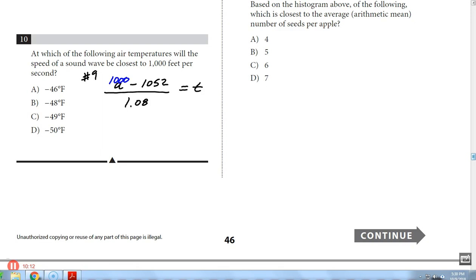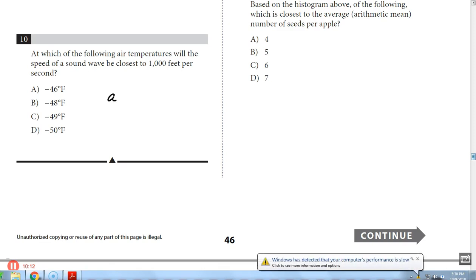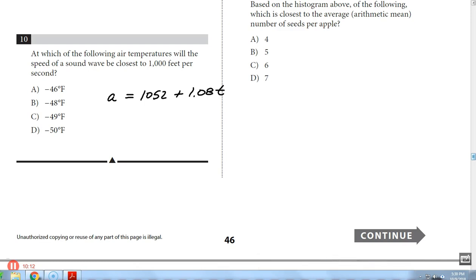If you're really no good at solving algebra and you weren't good at number 9, let's say that you drew a blank and you couldn't solve it for t. Another way, and I wouldn't really recommend this way, the slowest way, would be to use the original equation, 1052 plus 1.08 t, and you could just start trying answers. Since the answers do go in order from big to small or small to big, I would start with one of these two.